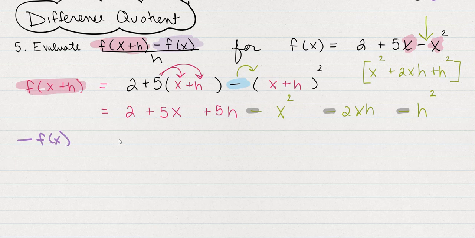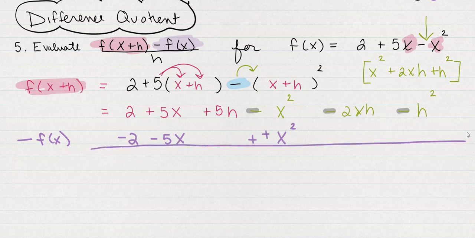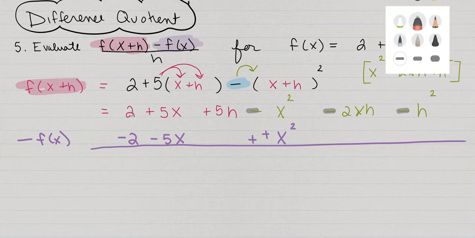Subtract f of x, so subtract 2, subtract 5x, subtract the opposite of x squared. So that's really adding an x squared, right? And when I subtract these, if I've done it carefully, I'm going to see a lot of things cancel out.